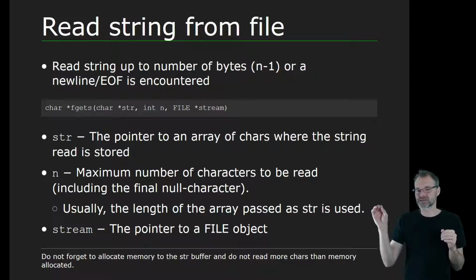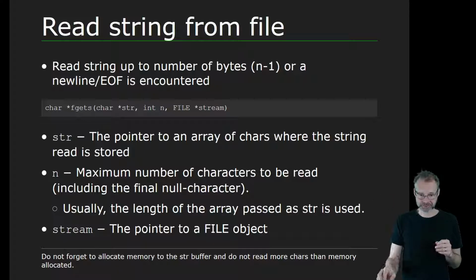Or it will stop reading when end of file is encountered or the newline character is encountered. So fgets will get one line from the file. One could say, read one line basically up to the end of line character, or at most n-1 bytes of characters.